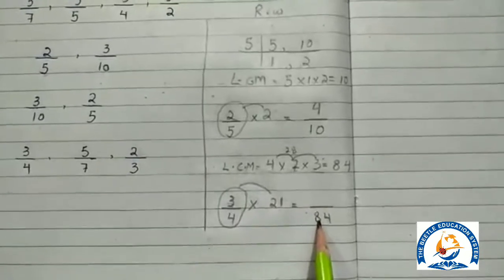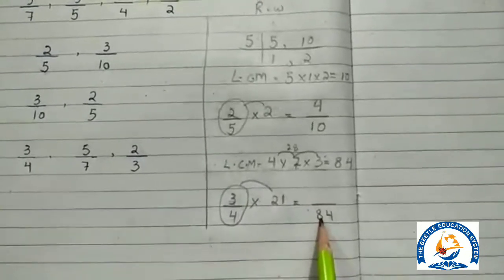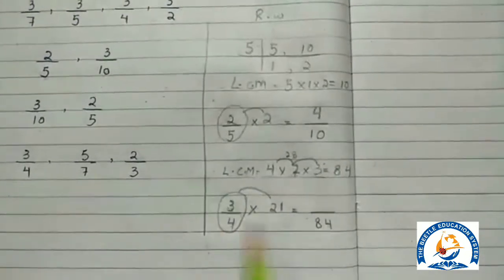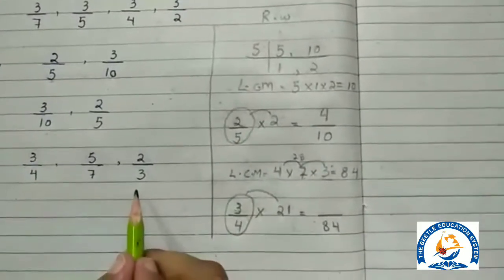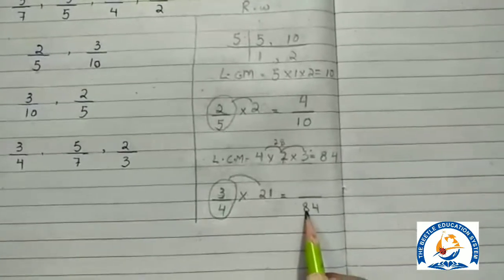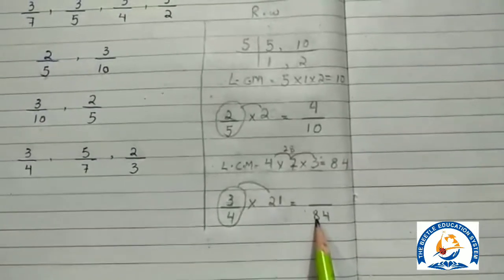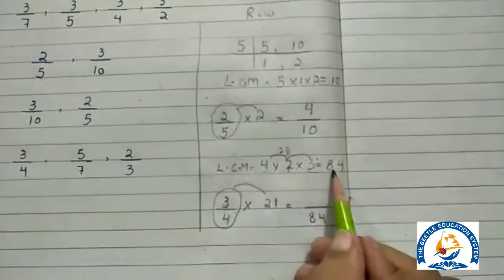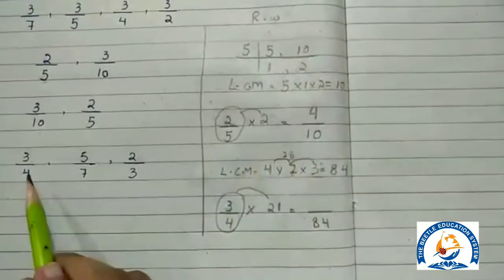Students, remember here that we have to make all the denominators the same. Our major concern is to have 84 in the denominator, because 84 is the LCM of all these numbers.